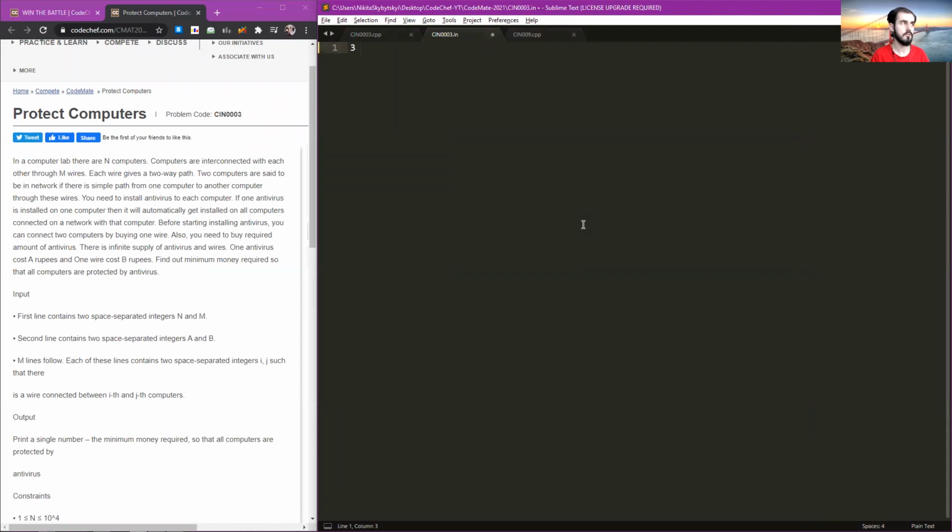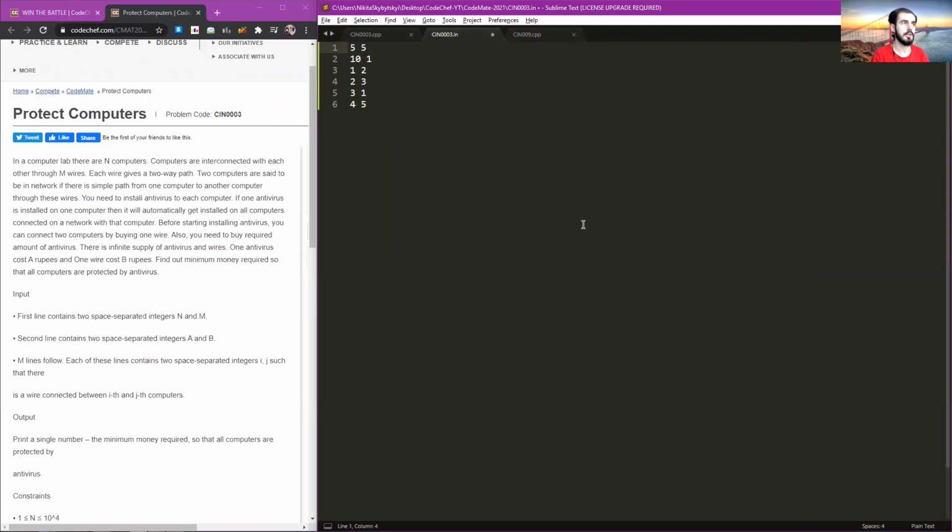Let's say we have three, okay. So we have 5 computers and 6 wires, and the prices are 10 per antivirus and 1 per wire. So we should connect everything, right? And the connections that we have, these are 3 connections.